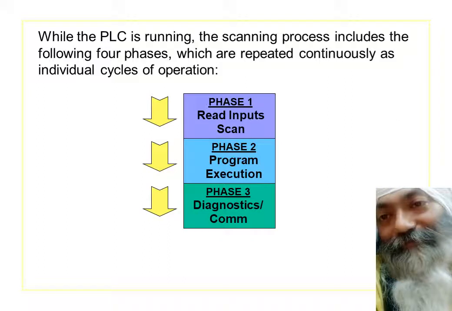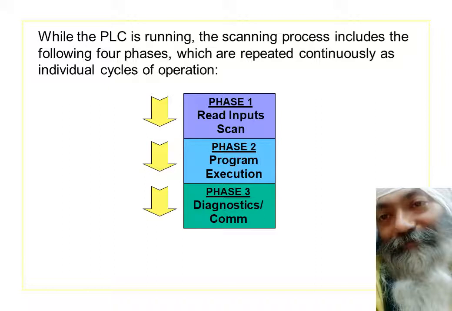The third phase, which is a very important phase, is that we have to perform diagnostics on all the functional modules. All the communication ports are checked in every scan, so that if there is any error, we don't want the PLC to output something to the field devices without checking that everything is in order.